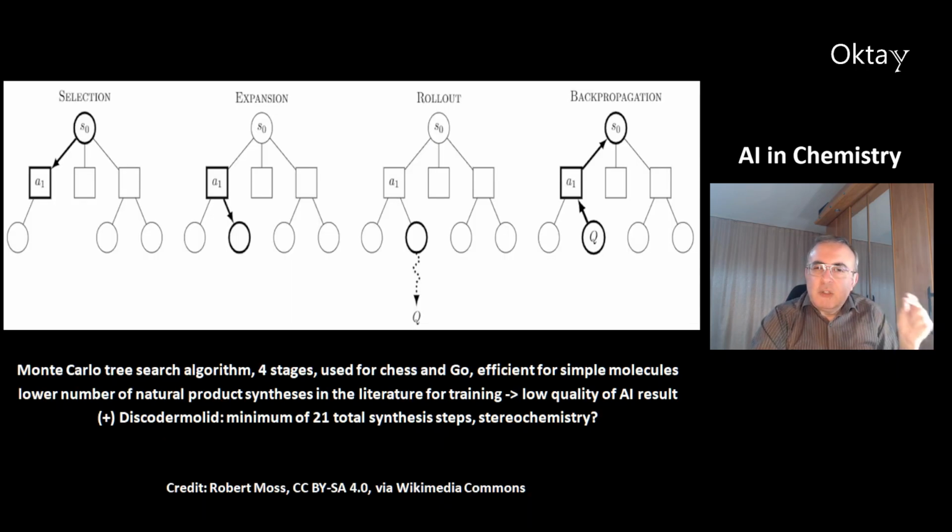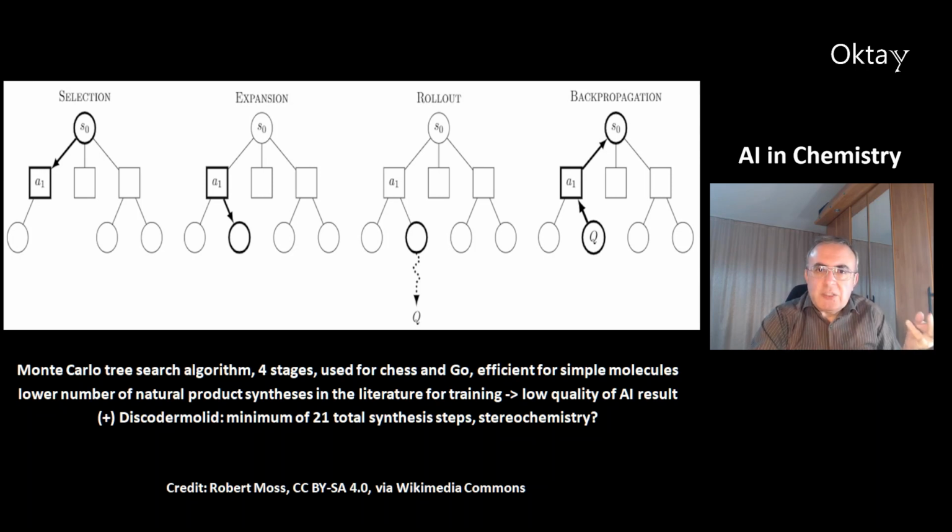This is an overview of how the Monte Carlo tree search algorithm works. It has 4 stages. That's the selection, expansion, rollout, and the backpropagation. This algorithm was successfully used for the games chess and Go. It is also efficient for simple molecules.